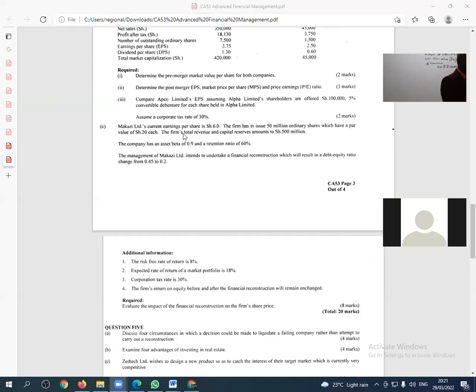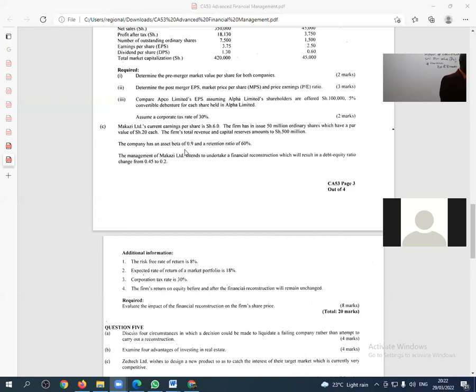The firm's total revenue and capital reserves amount to 500 million. The company has an asset beta of 0.9 and a retention ratio of 60%. The management of Makazi Limited intends to undertake a financial reconstruction, which will result in a debt to equity ratio changing from 0.45 to 0.2.